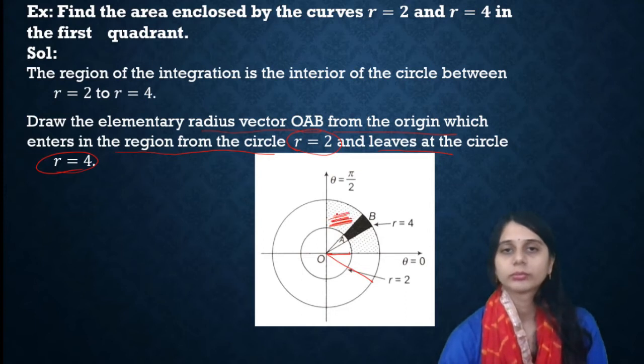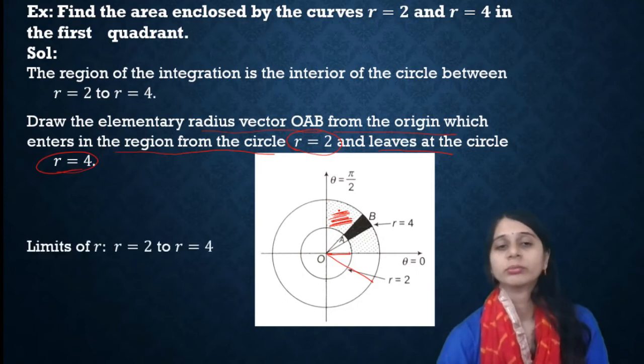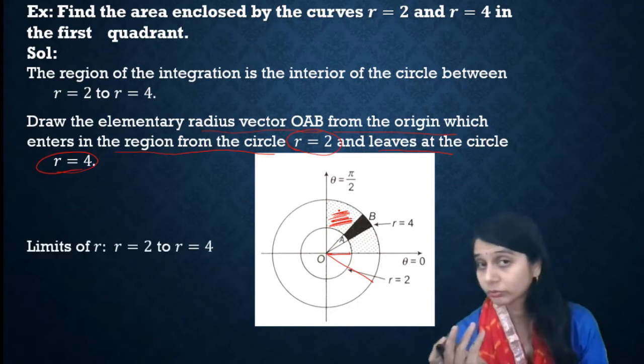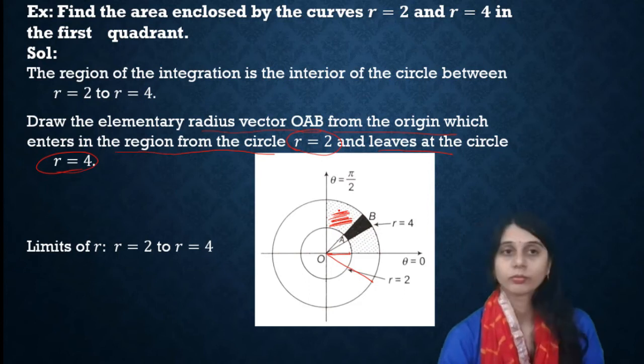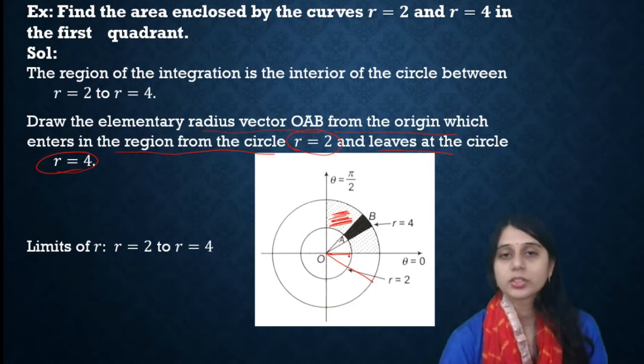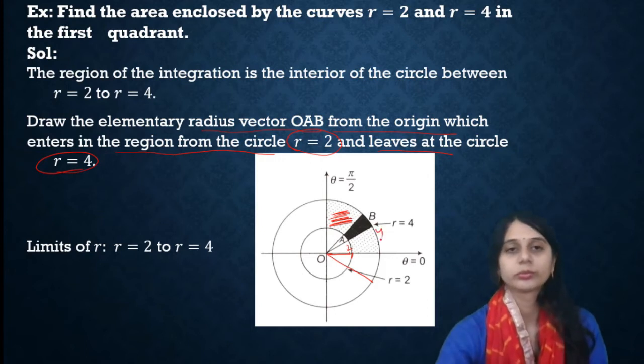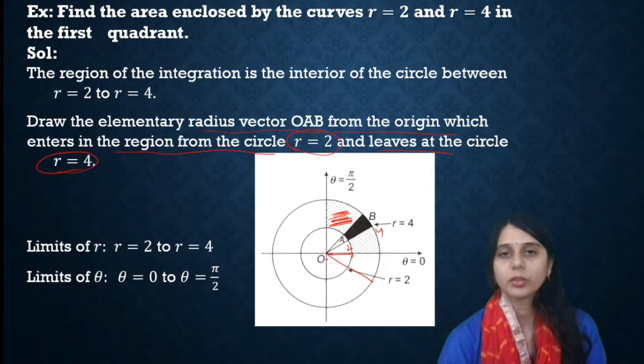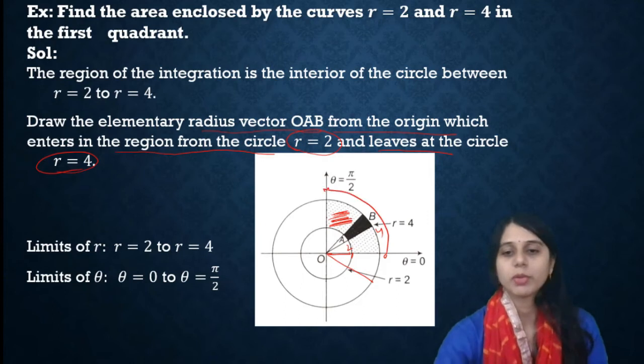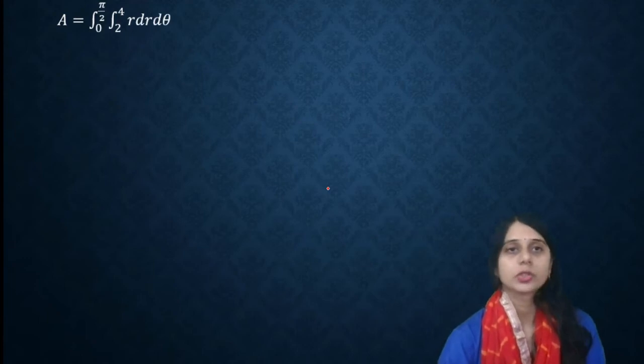The limit of r starts from 2 and goes to 4, and the limit of theta starts from 0 and goes to pi by 2. So A = integral from theta = 0 to pi by 2, integral from r = 2 to 4, r dr d theta.